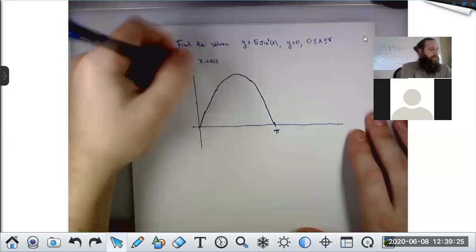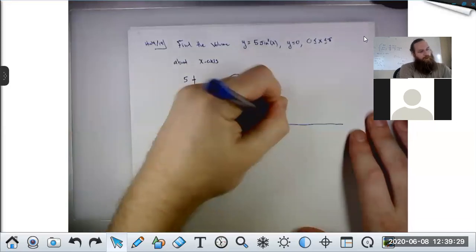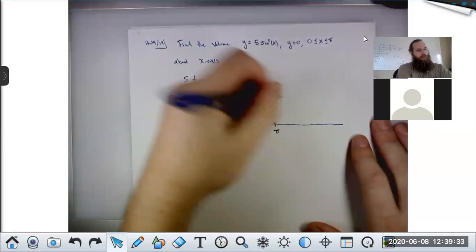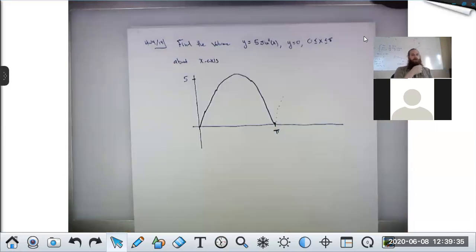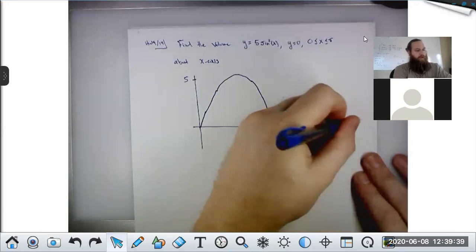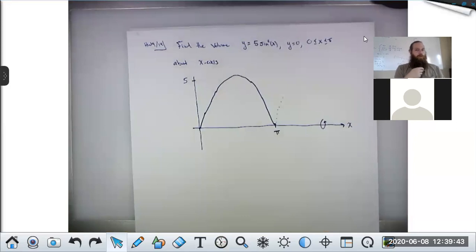So if that's 5 sine squared, then this max up here is 5. It would continue on something like this, but I don't really care because I'm only interested in what happens between 0 and pi. So y equals 0, that's the x-axis down here. That's also my axis of rotation. So this is my region.